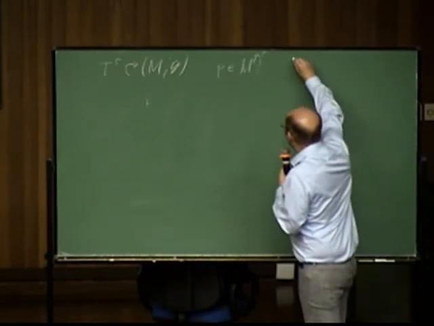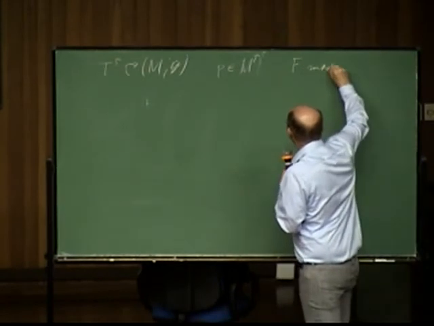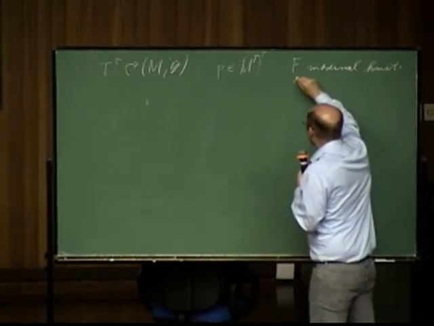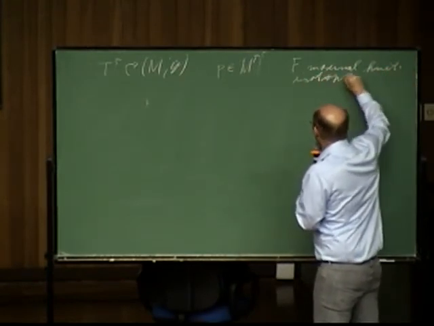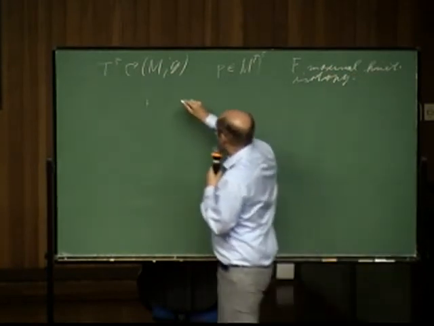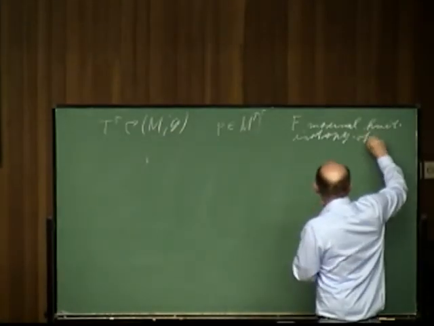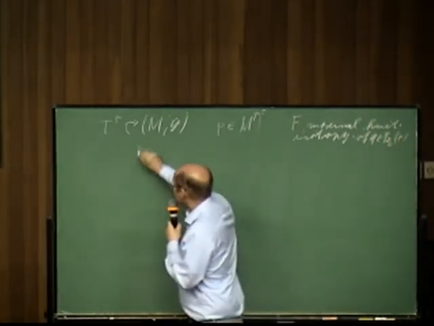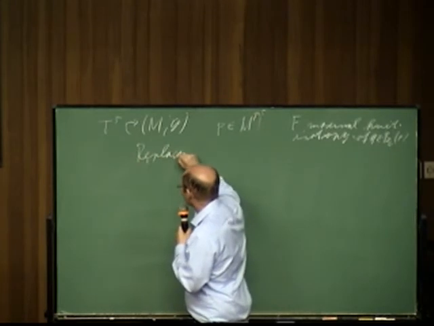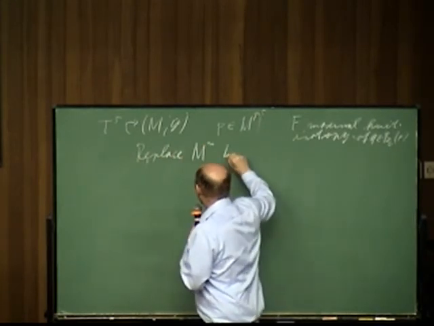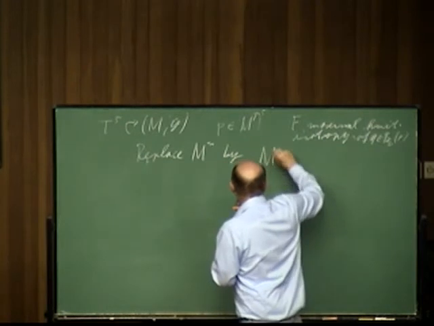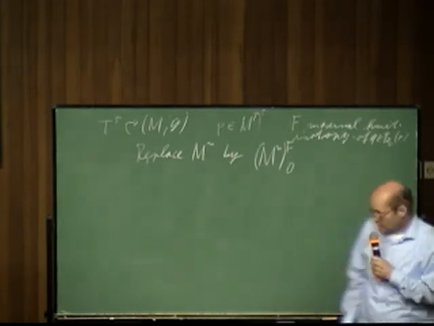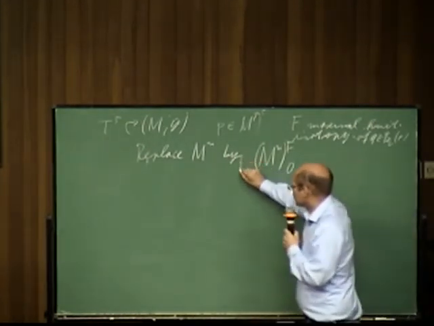So F is a maximal finite isotropy group of Q in the neighborhood of P, and then replace M^n by the fixed point set of F, with the fixed point component at P, right?